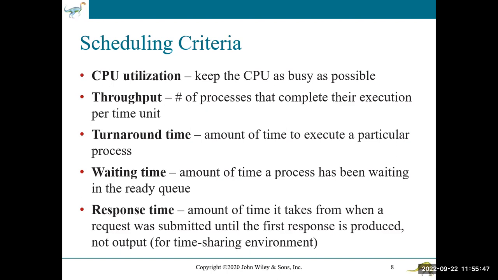So if your CPU is being fully utilized, there's lots of throughput, there's short turnaround time, there's less waiting time, and quick response time, then those are all good indications. This is just kind of common sense, but these are the factors that operating system developers work with intensely when they're tuning kernels, when they're redesigning OSs for specific purposes.